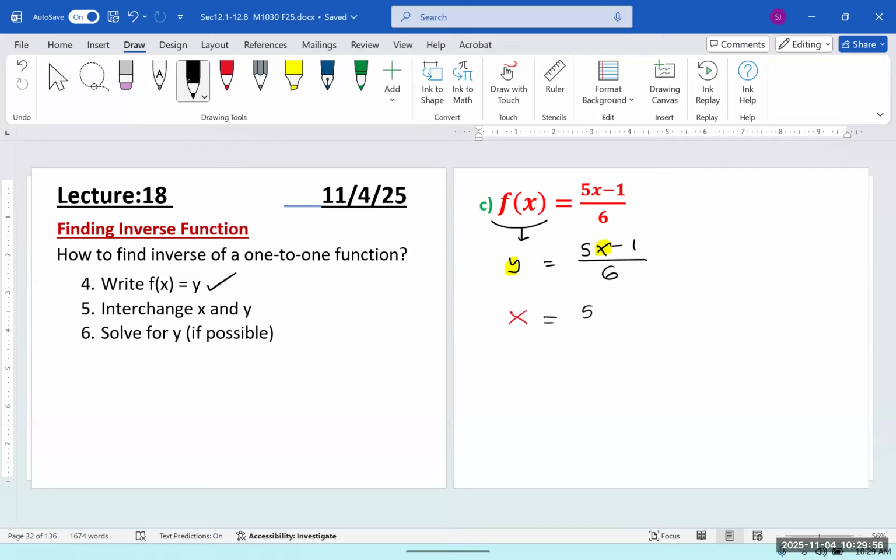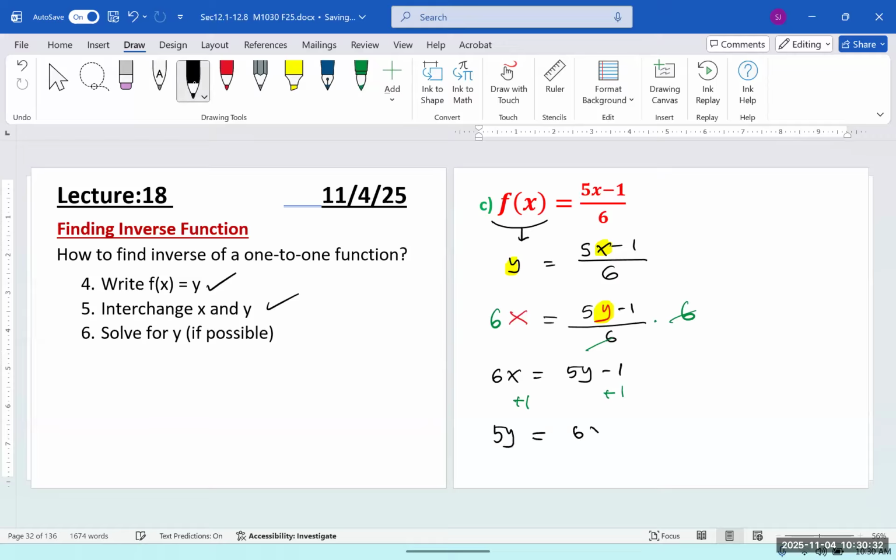So we have x equals 5y minus 1 divided by 6. So we are done with the second step. The last thing is solve for y. How can you get the y alone? Times 6, both sides, they cancel out. We have 6x equals 5y minus 1. Plus 1, plus 1.